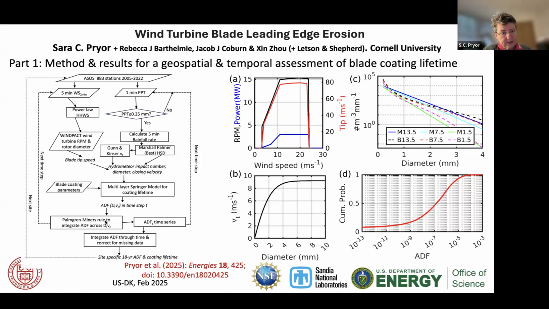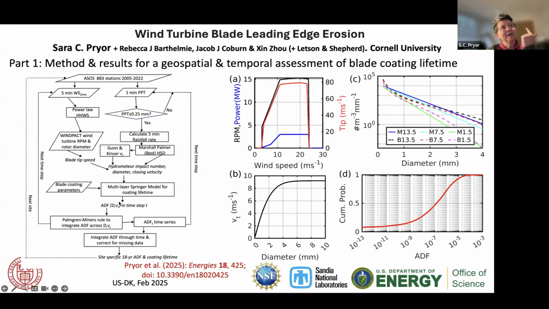We feed those into a material science model. It's called the Springer model. It relies on us stating a number of blade coating parameters. I'm not going to dive too deeply into those. We've set those to be fairly conservative, so we're not overestimating damage. So if anything, we're saying the coatings are pretty good.